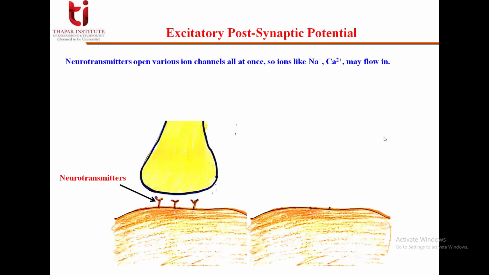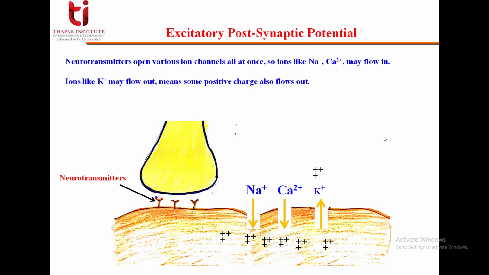Now next we will discuss some terms which are further useful in producing or maintaining the resting potential and the action potential. In that we have the excitatory post-synaptic potential. When neurotransmitters bind to the receptors on the dendrites, they open various ion channels all at once, like sodium and calcium ion channels, through which ions flow in, and ions like potassium can flow out.